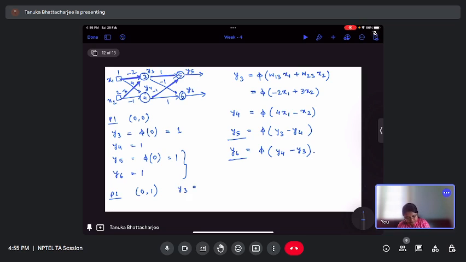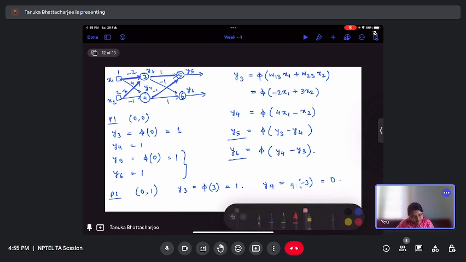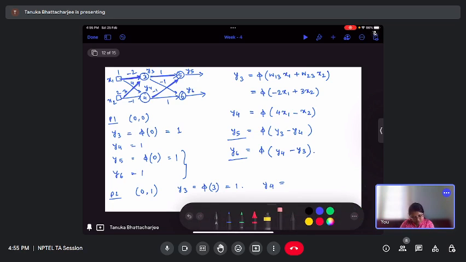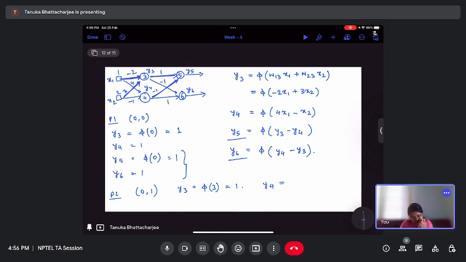Your y3 will become phi of 3, which is 1, and y4, using this formula, x1 is 0 and this is minus 1, so phi of minus 1 will be 0, because phi is 1 only if the input is greater than or equal to 0.